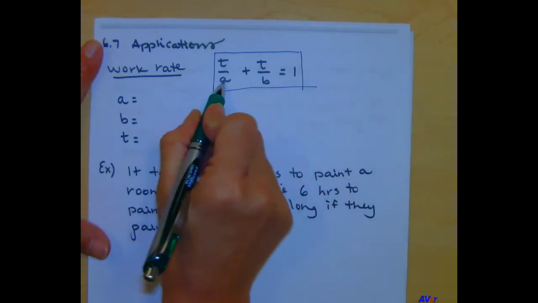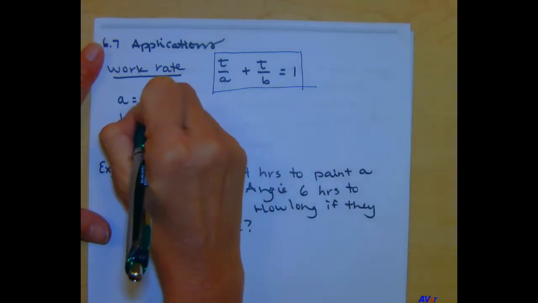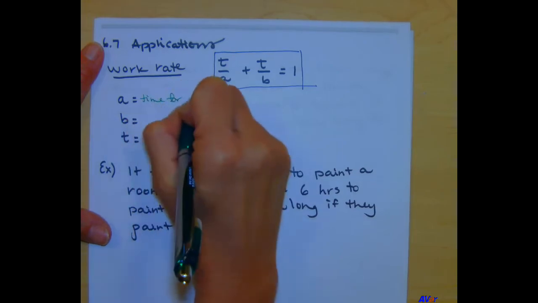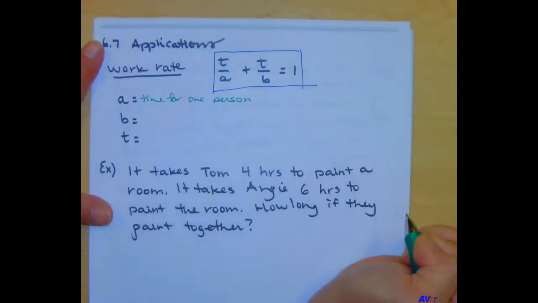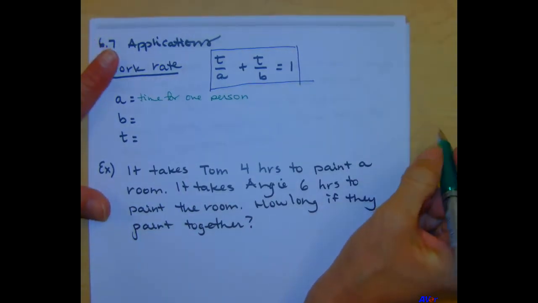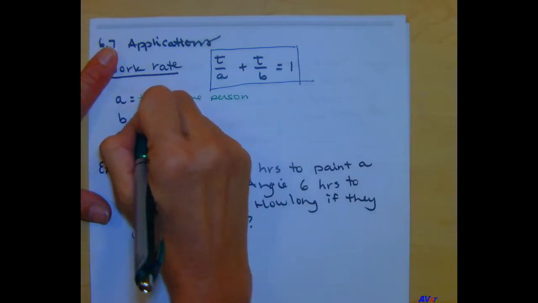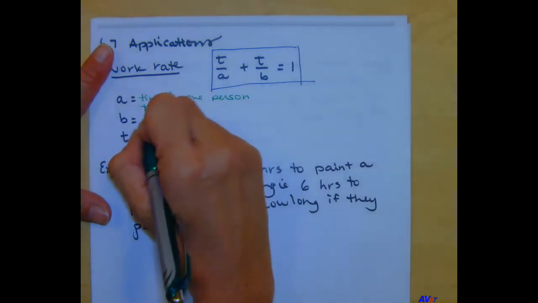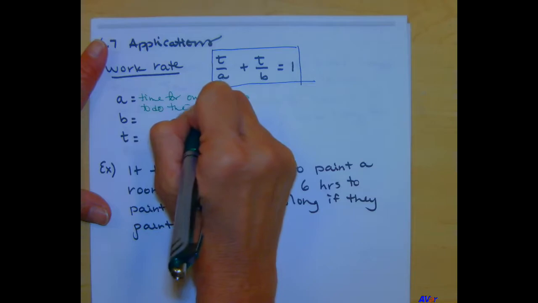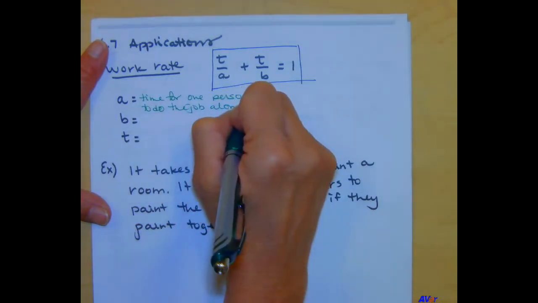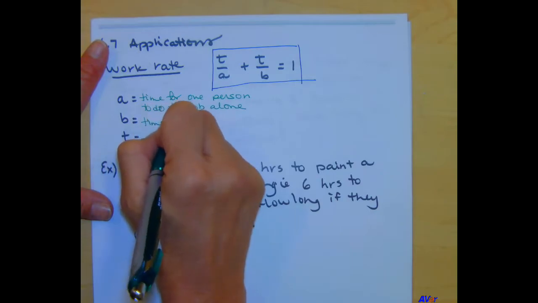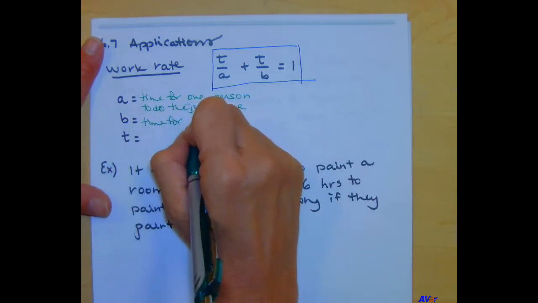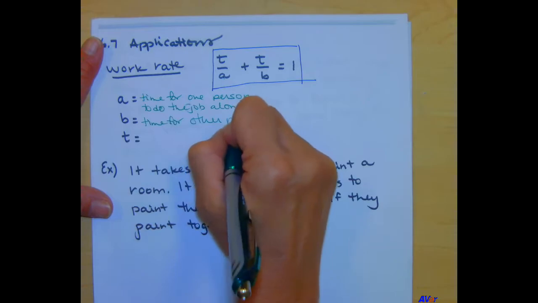So a, that first denominator, is the time for one person or one pump or whatever it is that's working, the time for one thing to do the job alone. B, the other denominator, is the time for the other person to do it alone.